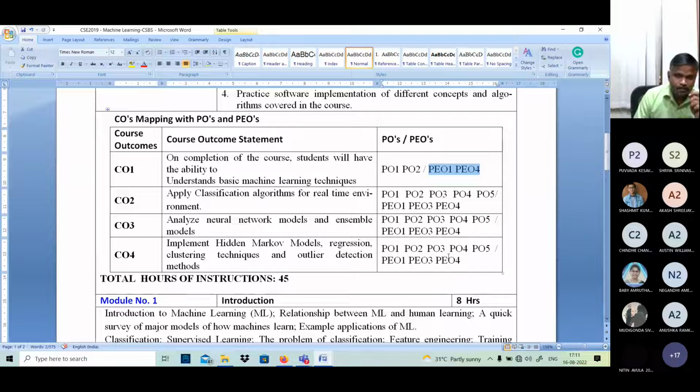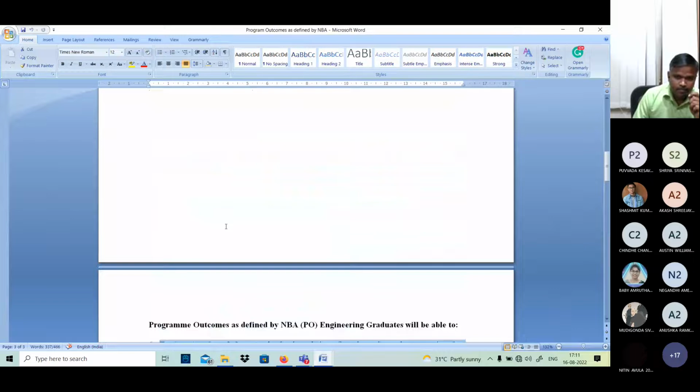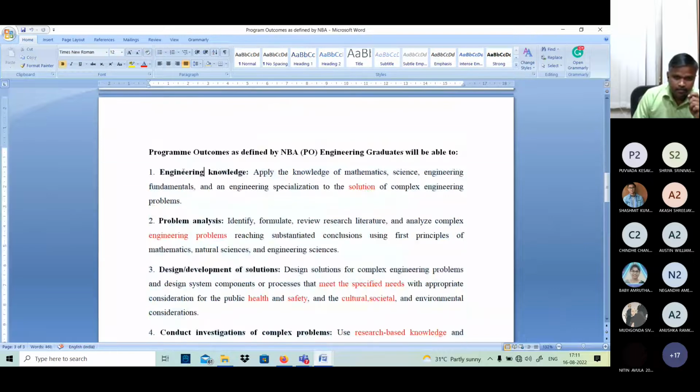The first program outcome is engineering knowledge. That means when a student graduates with a BTech, he will attain computer science and engineering knowledge, to solve complex engineering problems. That is the main thing.